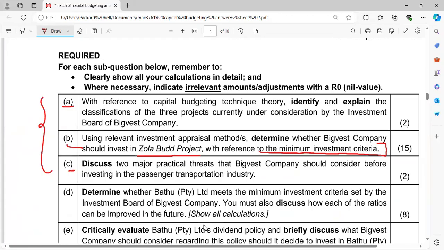independent projects, divisible projects, independent projects, and mutually exclusive projects.